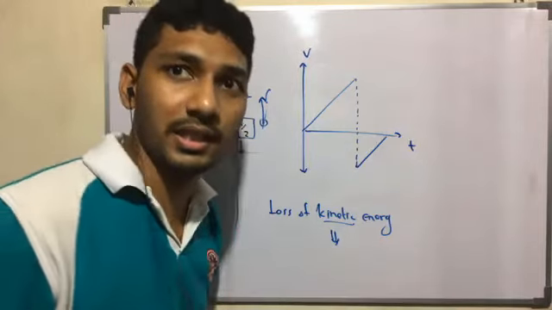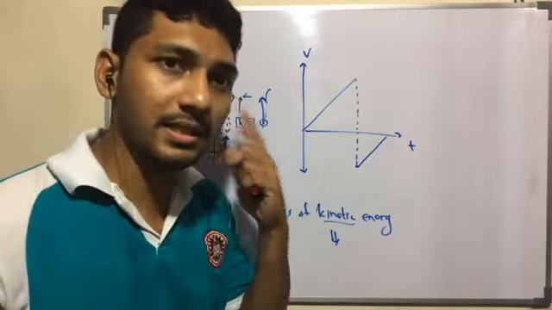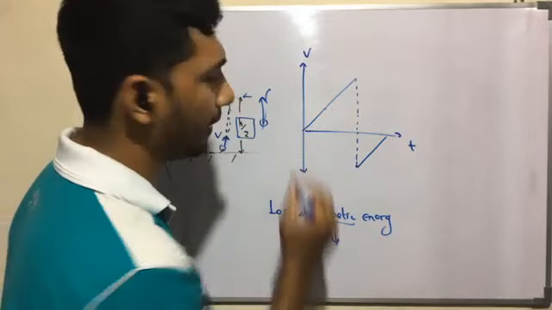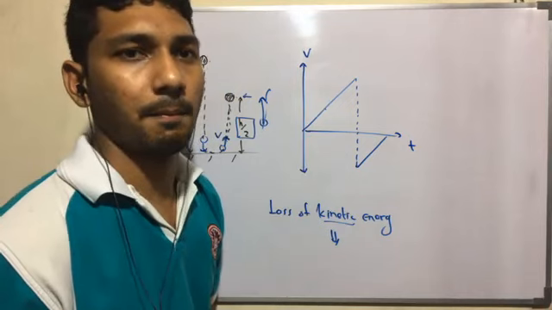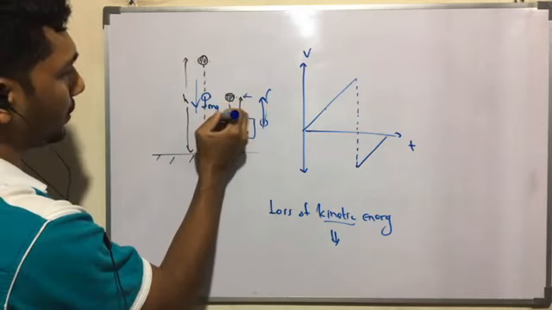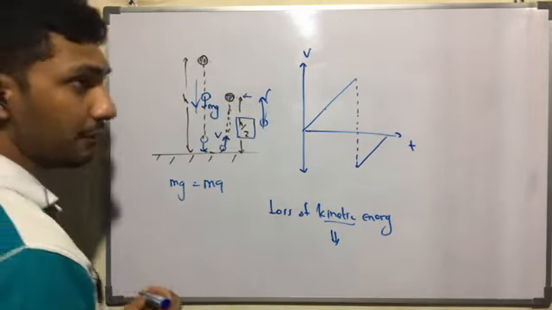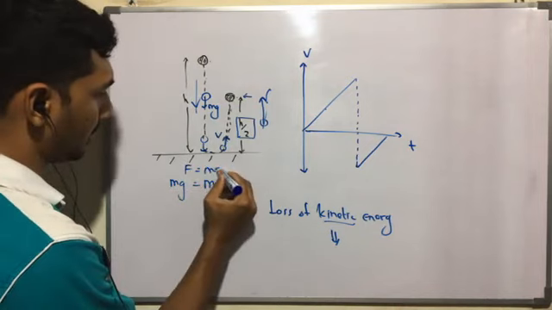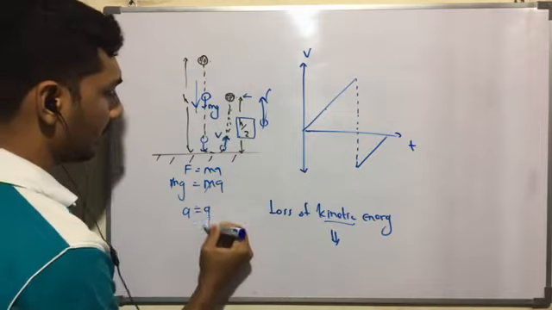Another important thing is, what was the accelerating factor for this motion? If you draw it, mg is the force. Using F equals ma for this motion, mg equals ma, so the m cancels out and a is equal to g.